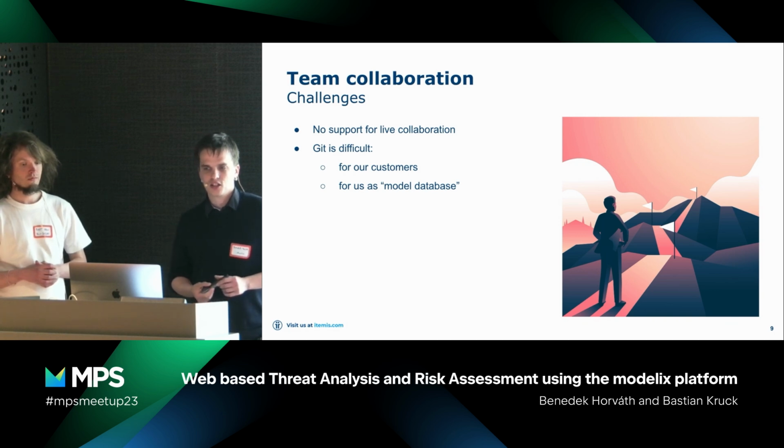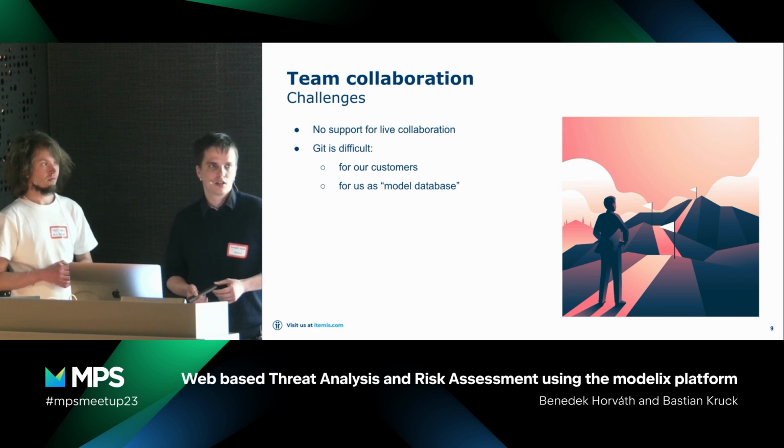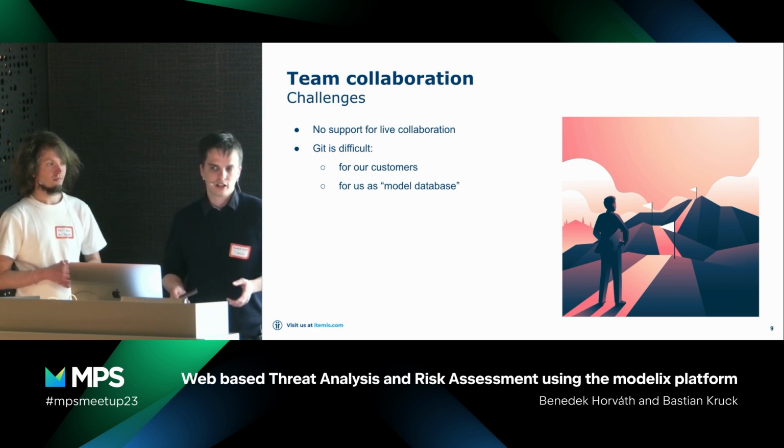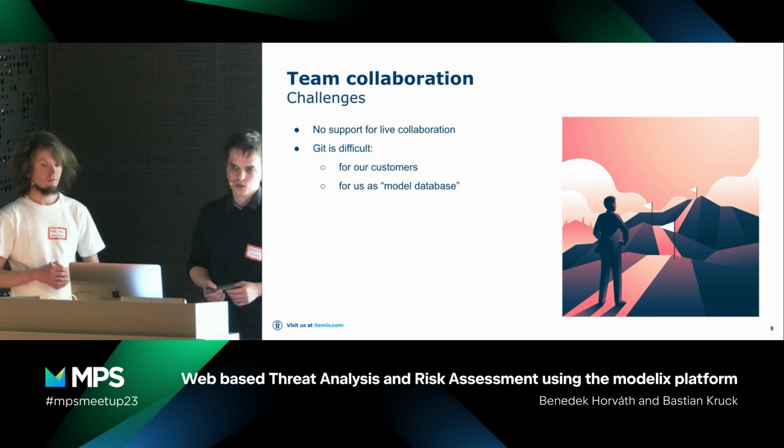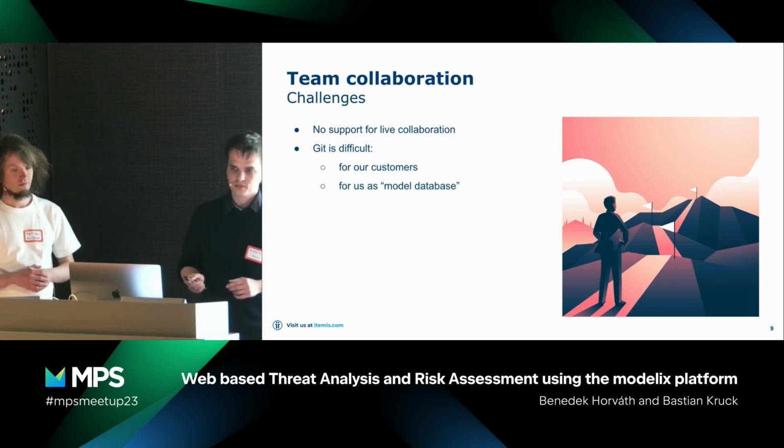And the challenge is, with Git, you have no out-of-the-box support for live collaboration, and Git is, as Basti mentioned, difficult for our domain experts who are doing the threat analysis to use, and also from the developer perspective, it's a bit difficult to use in a web application. So it's a bit difficult to use Git as a model database in a web application.